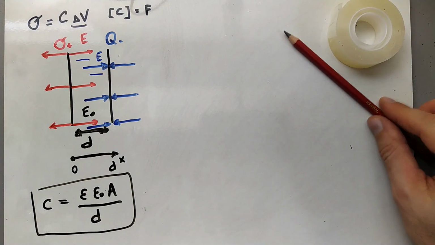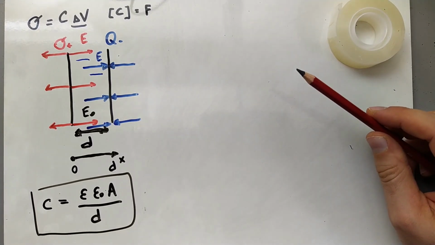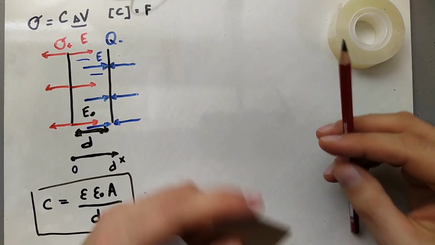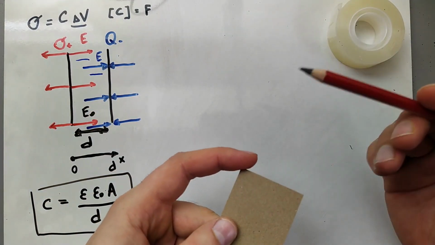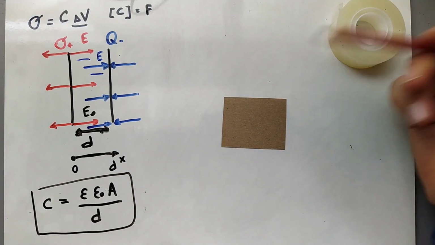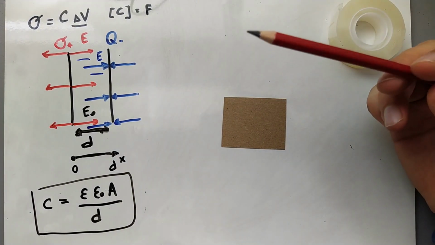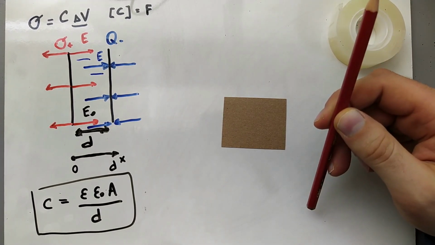And the plates, as you might already guess from the title of the video, will be drawn on some cardboard or a piece of paper, whatever you want, with this soft graphite pencil.